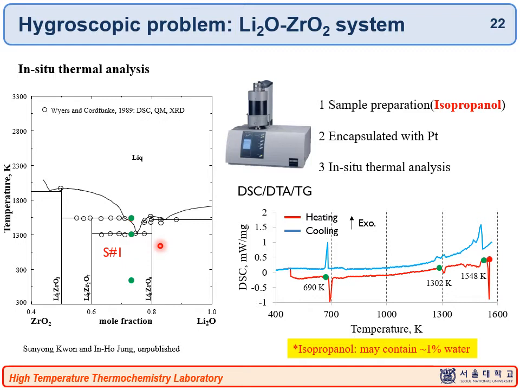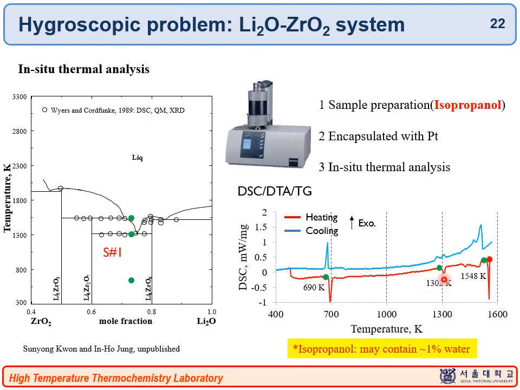However, when we analyzed this DSC data more carefully, we found something strange. If this is the eutectic peak, we should expect a much larger peak than any other peak position here because of the melting. However, this is very small.